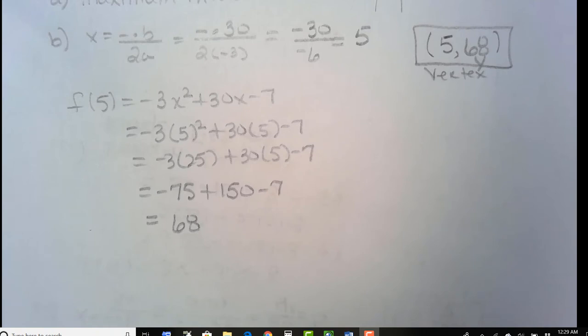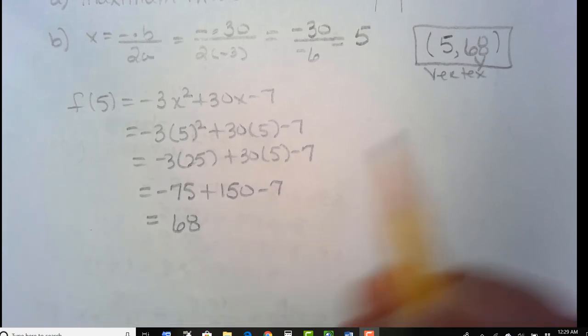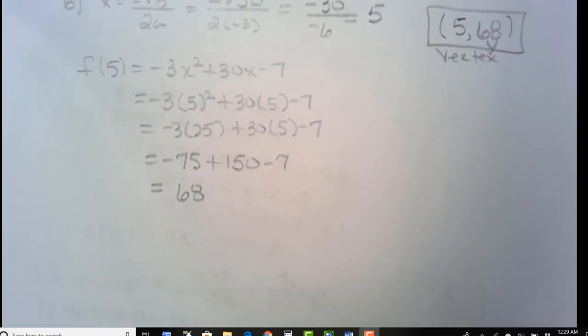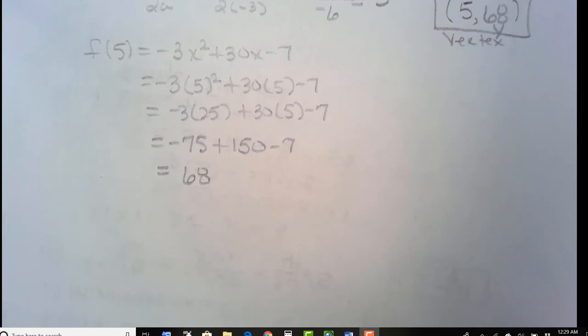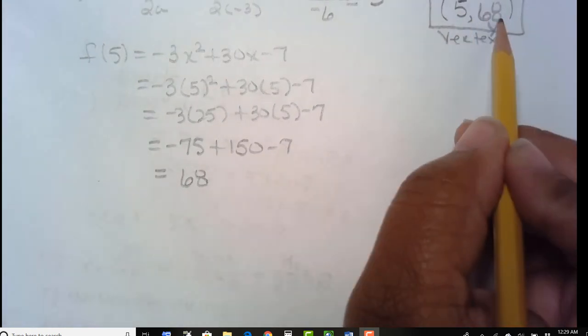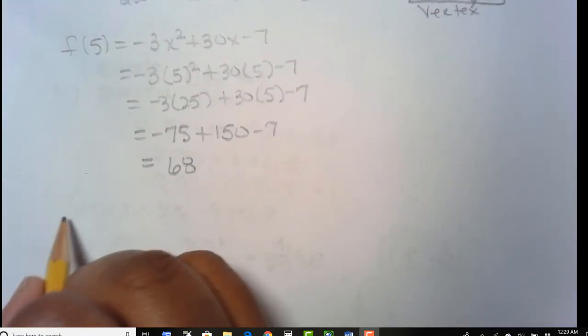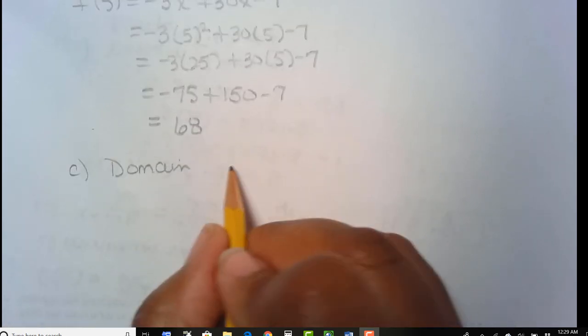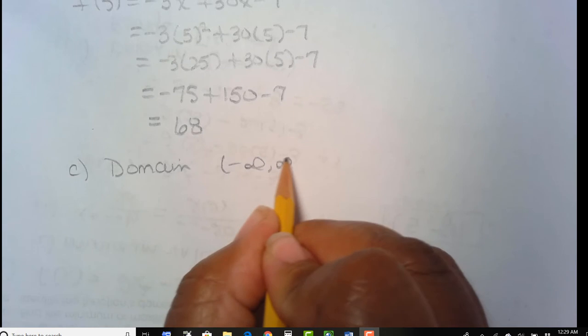So what do you think our domain and range would be for this example, since we have a maximum value at 5 comma 68? Here again, our domain will be from negative infinity to positive infinity.